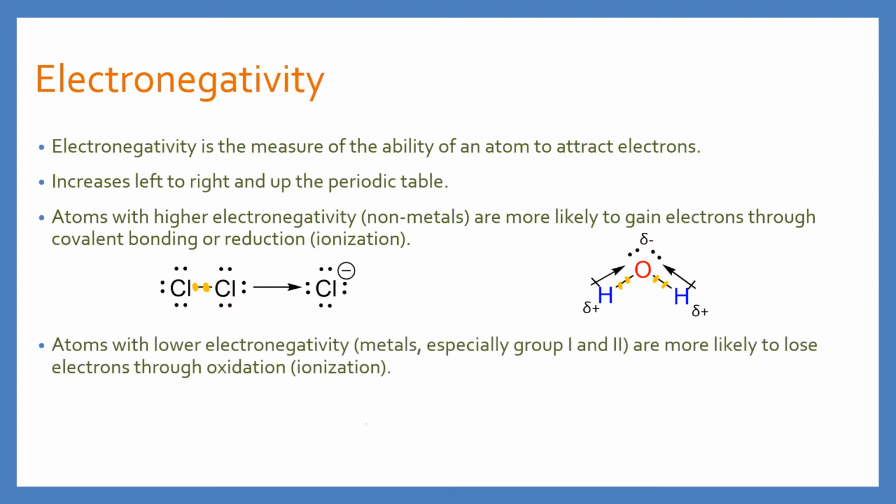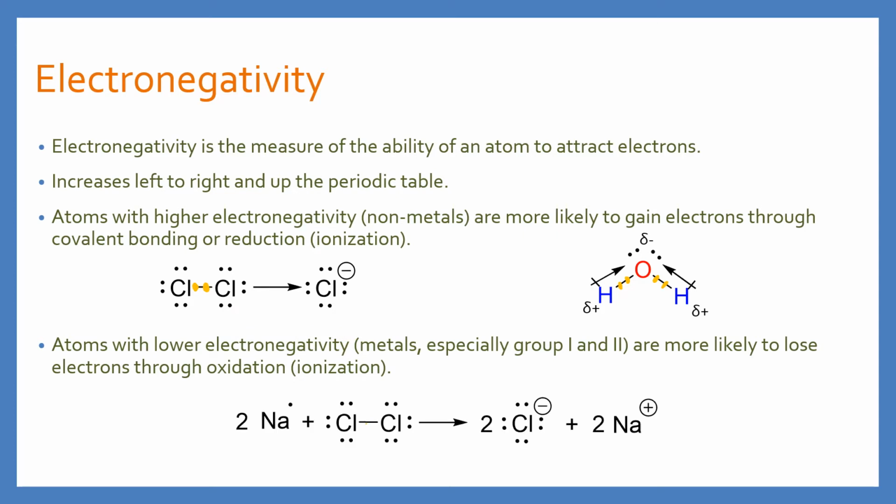Atoms that have lower electronegativity, such as our metals, especially the group 1 and 2 metals, are more likely to lose electrons through oxidation. So we're going to look at this reaction again, but with an actual redox reaction being apparent.